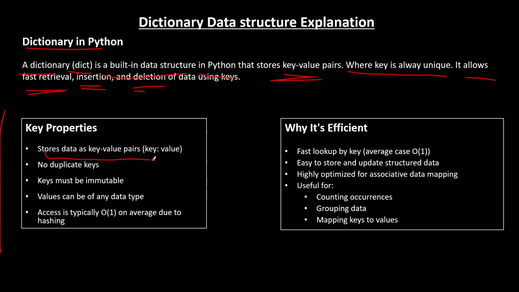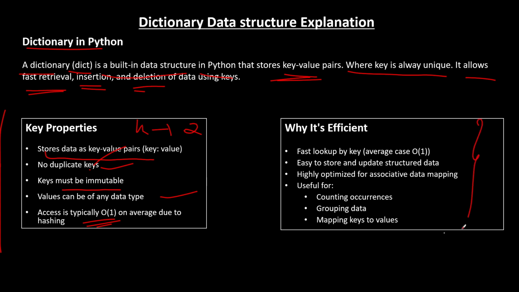Stores data as key value pairs, like X has the count 2 or whatever the value of it is. No duplicate keys. Keys must be immutable, it cannot be changed. Values can be of any data type, and it is accessible in typically O of 1 average time due to the use of hashing in it.